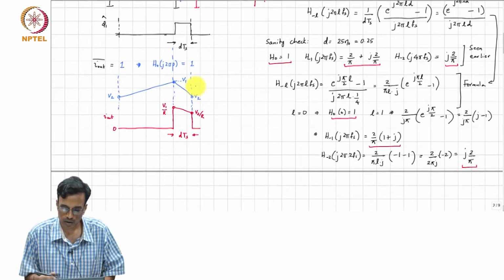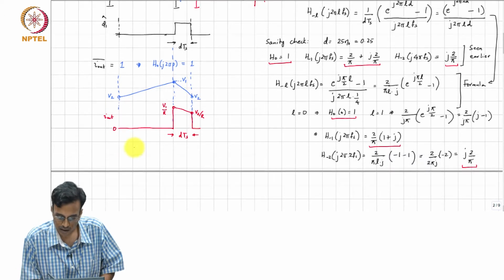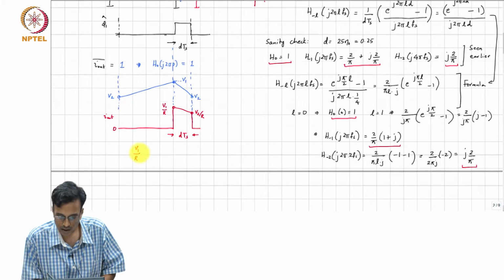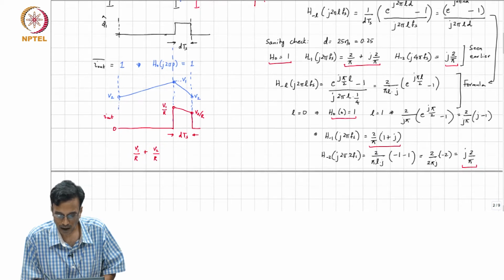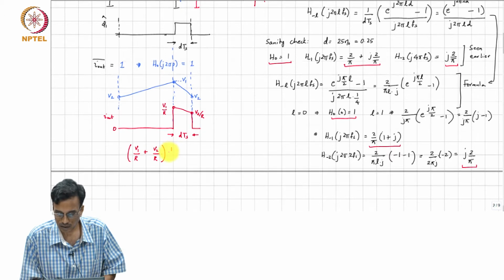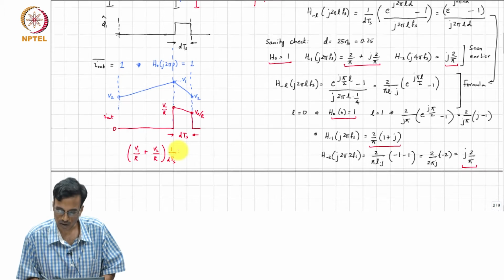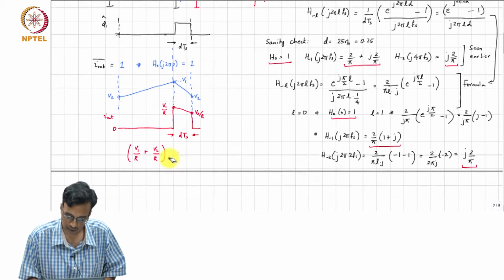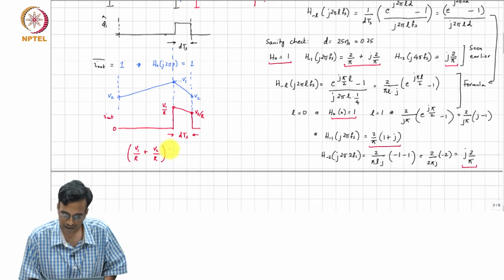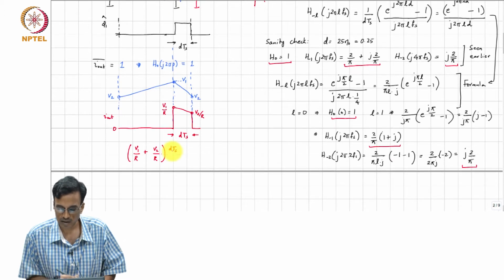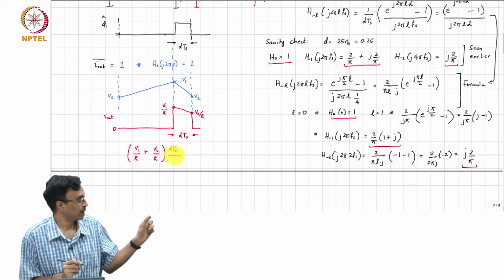Yeah. So, basically V1 by R plus V2 by R, divided by 1 by DTs, times the average current is basically the pulse width.